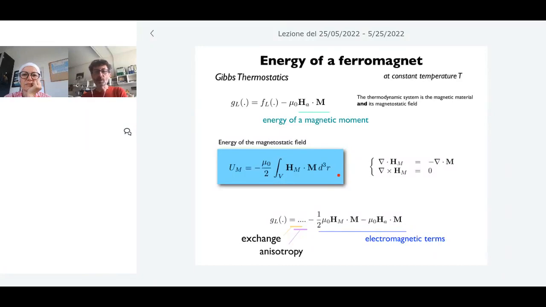But the expressions that we will use will be simple enough, yet complete enough, to describe the majority of ferromagnets, from the super soft magnetic materials to the hard magnetic materials, to the materials that are used for spintronics or magnetic recording. So we will stick to simple terms, but complete enough to describe quite a wide range of systems.